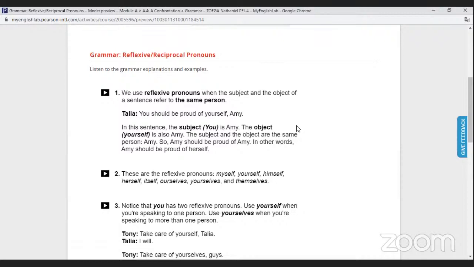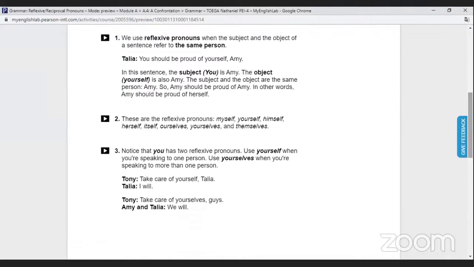In this sentence, the subject you is Amy. The object yourself is also Amy. The subject and the object are the same person, so Amy should be proud of herself.